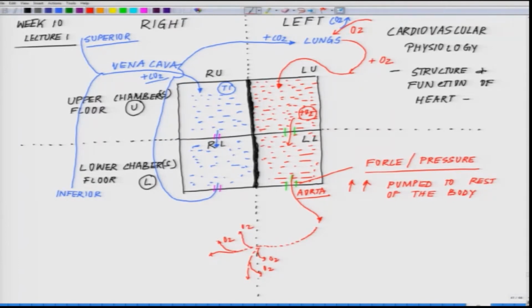And while it is doing so, the blood vessels pick up the CO2 which is being given out by the different organs or the cells present there. So it is picking up the CO2 from all over the place.